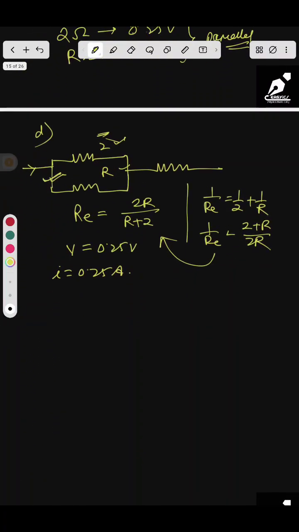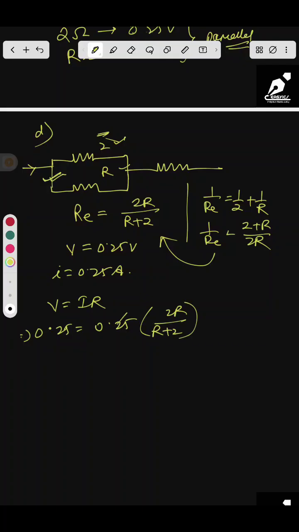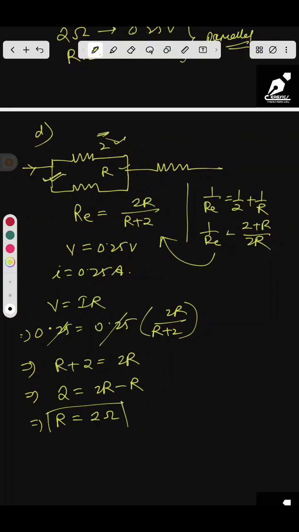If I apply now Ohm's law, V is equal to IR, I can write 0.25 is equal to 0.25 multiplied by 2R by R plus 2. It will be cancelling out each other and we will have 2R by R plus 2 is equal to 1, so R plus 2 is equal to 2R. 2 is equal to 2R minus R, or R is equal to 2. That was the unknown resistance. Clear?